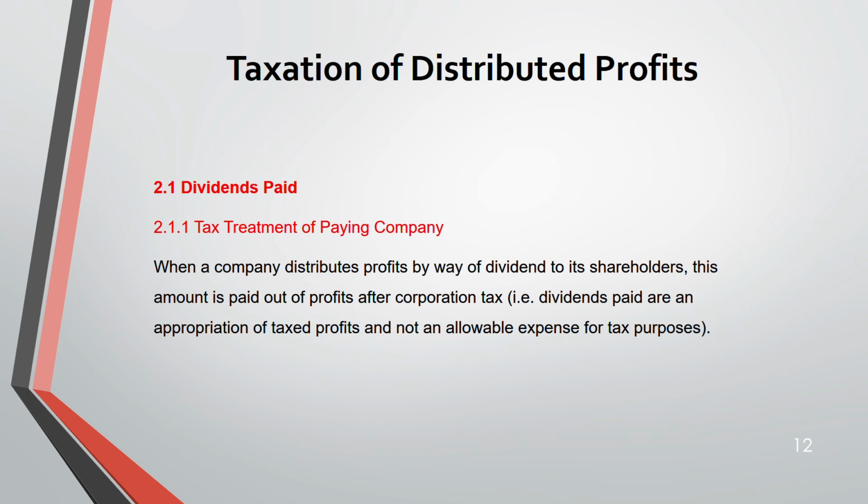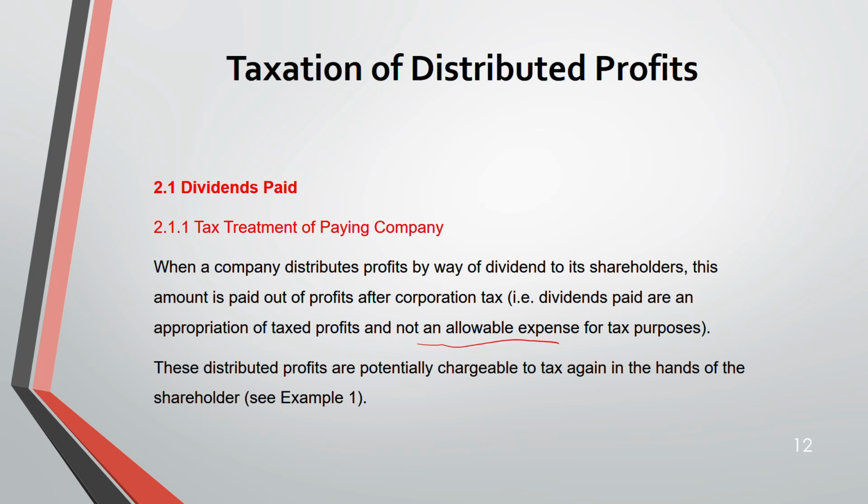So dividends paid are an appropriation of taxed profits, not an allowable expense for tax purposes. You cannot deduct it from your income as an expense. It is an appropriation of profit.